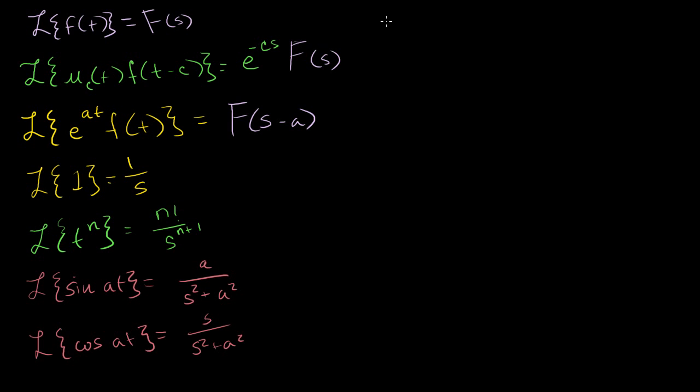So let's say we had the Laplace transform of some function, F of s. Let's say it's 3 factorial over s minus 2 to the 4th. Now, the pattern recognition part of your brain should immediately say, look, I have a Laplace transform of something that has a factorial in it, and it's over an exponent. This must be something related to this thing right here.